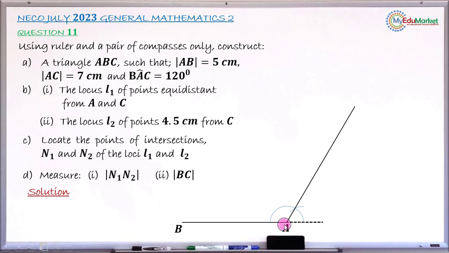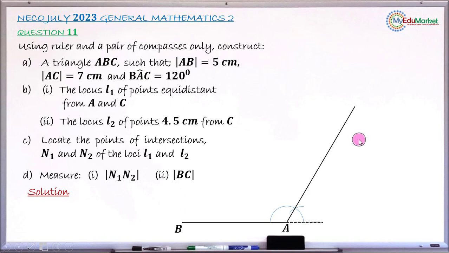AC, from A to the position of C, is exactly 7 cm. So you either use your ruler to measure from A to C, or you take the distance 7 centimeters on your ruler with your compass and put the pointed part of the compass at A and make an arc. That will give you exactly the position of the point C.